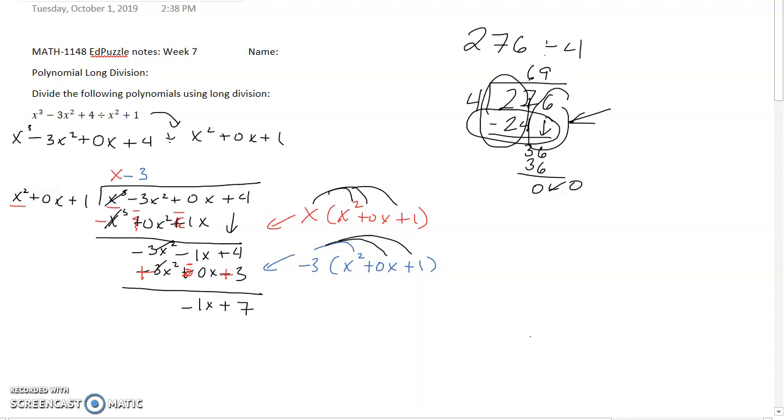Now, how do we write this? You can remember last week we did this division. We did p of x is equal to d of x times q of x plus r of x.